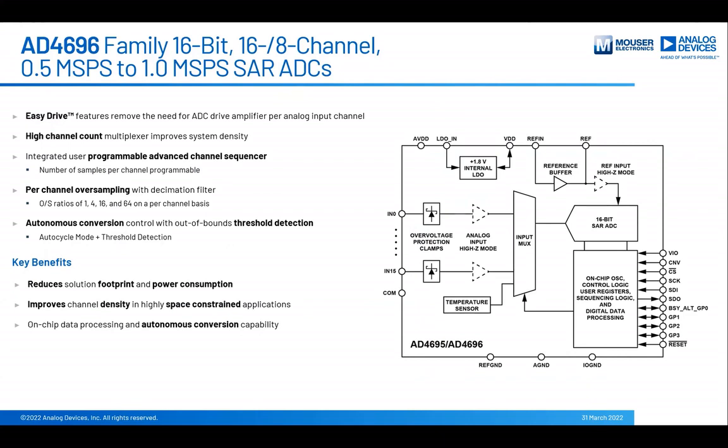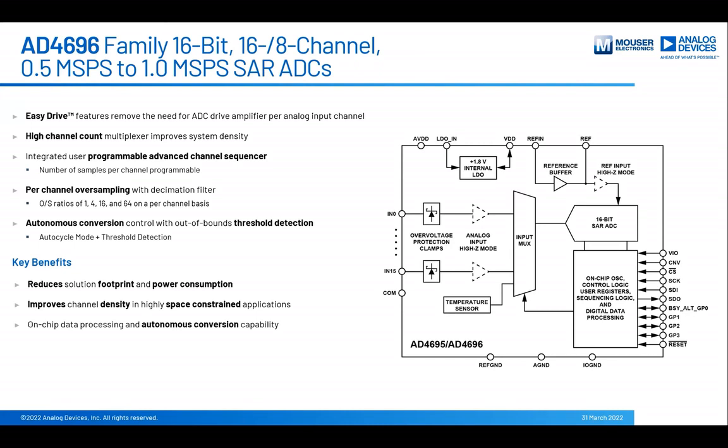The Easy Drive feature set also leads to a smaller form factor design, as fewer companion products are needed per channel, thus improving the size and also the power consumption of the end solution. Other key things to note on this device when it comes to power saving are the scalable sample rate and the advanced sequencer that offers flexibility and enables the end solution to be customized and adapted based on the measurement requirements.